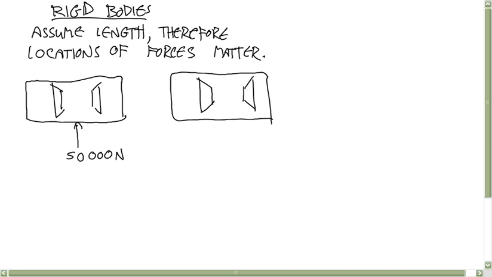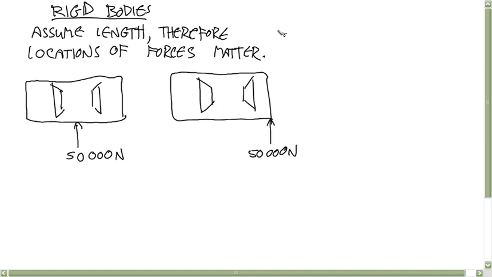That car just goes accelerating off straight up the page. If you apply that 50,000 Newton force here, something different happens. You still get that same acceleration of the center of this car. But in addition to that, you make this car spin around, right?